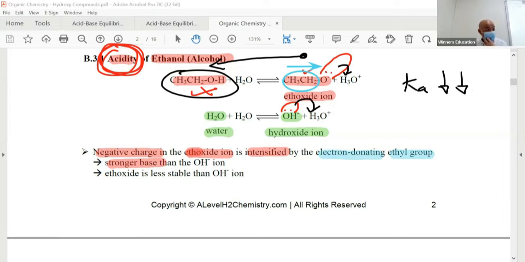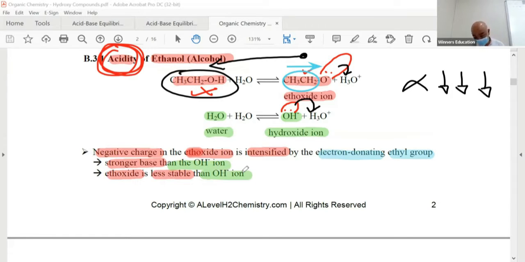Make sense or not? So the dissociation, not Ka, but the dissociation, the alpha, will decrease. Or in English terms, we say that the ethoxide ion is less stable than the hydroxide ion. Okay, so you need the word called stability of the ion, i.e. the conjugate base.